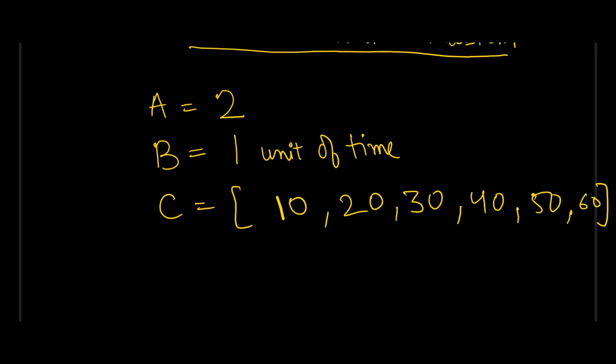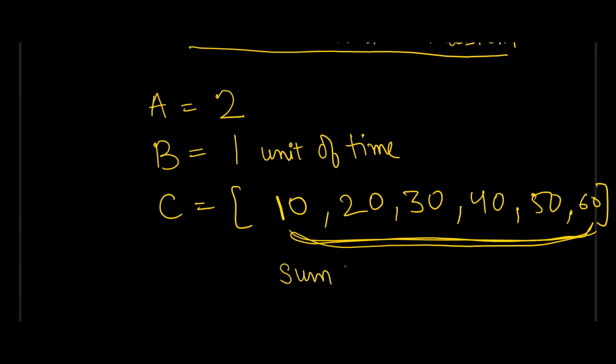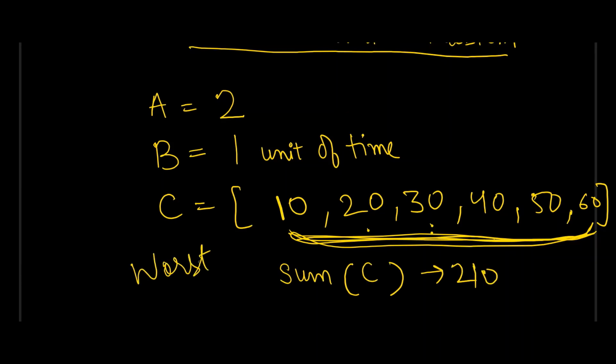Now we'll take the worst case first. Worst case as in, let's say the board is painted by just one painter. So if one painter paints, we take the sum of the parts of the board: 10 plus 20 plus 30 is 60, plus 40 is 100, 150, 210, which will be the worst case.